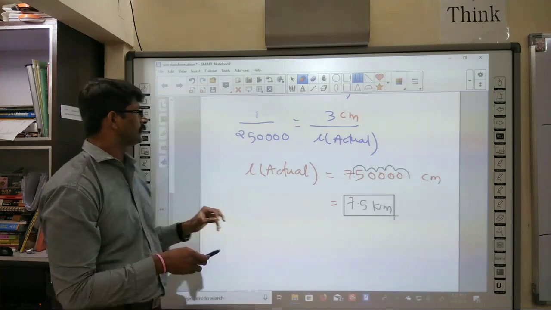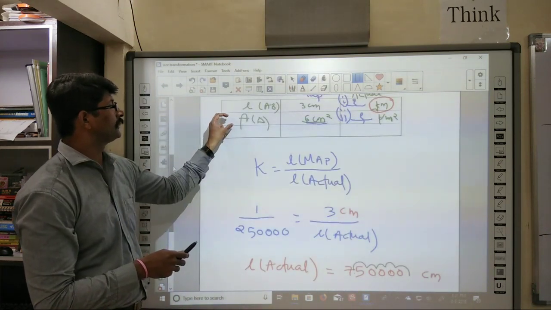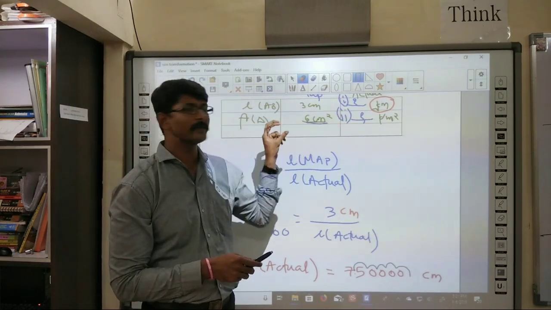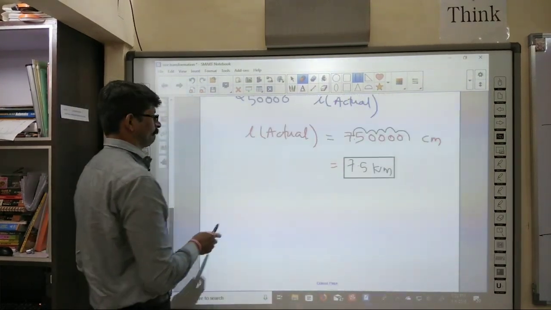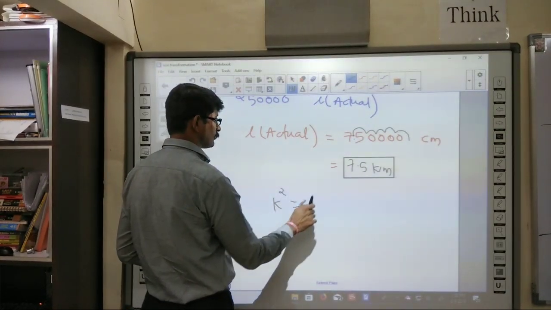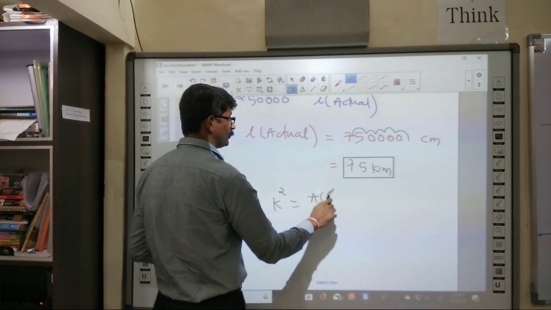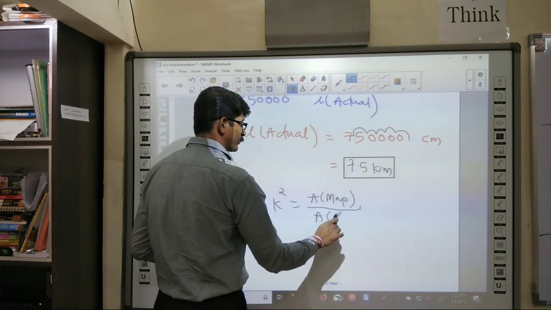And now the next thing is, we have to calculate the actual area. And how do we calculate the actual area? It's very simple. Again, we will use the same conversions. K square is equal to area on map upon area actual.